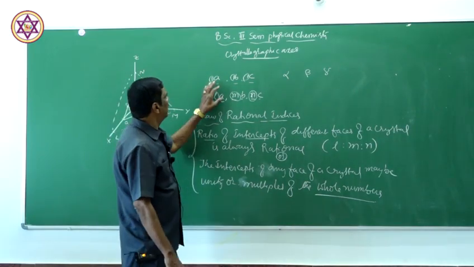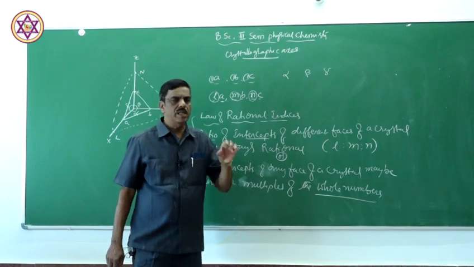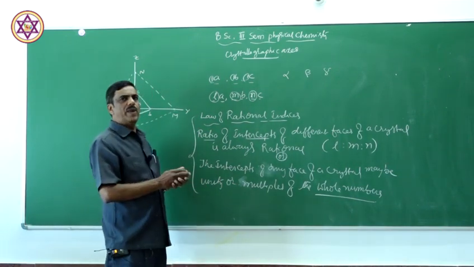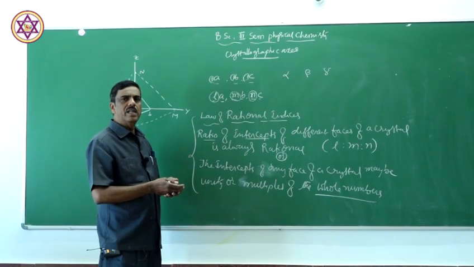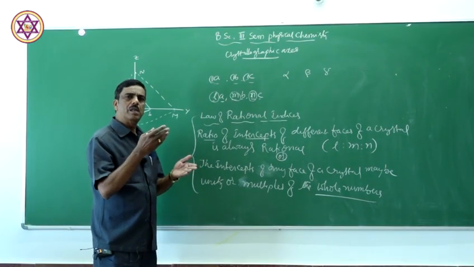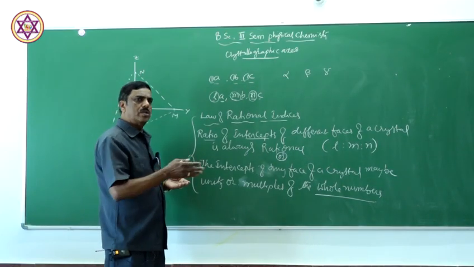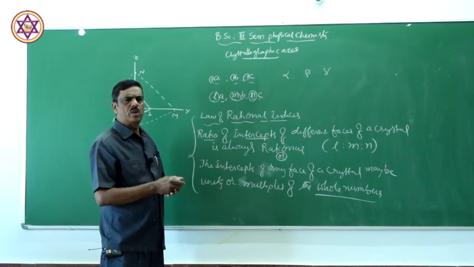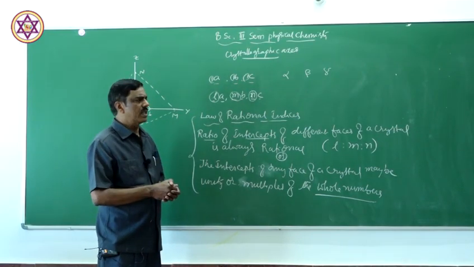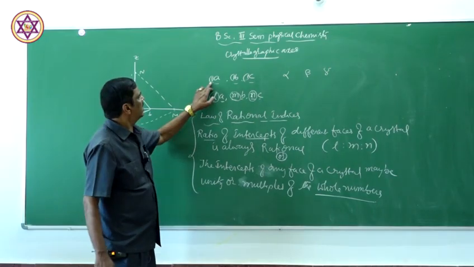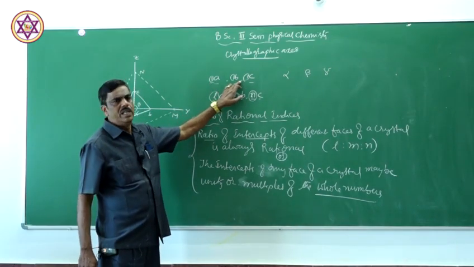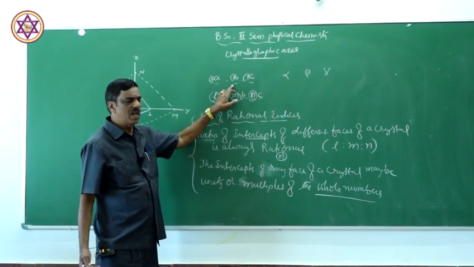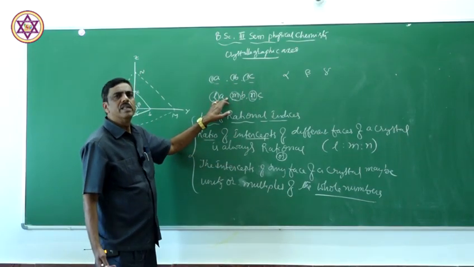In this case, if you take a crystal in many geometrical shapes, the various faces may be different, like body centered cubic lattice, face centered cubic lattice, so many geometries are there. In that case, these coefficients may not be equal to unity or simple whole number multiples.